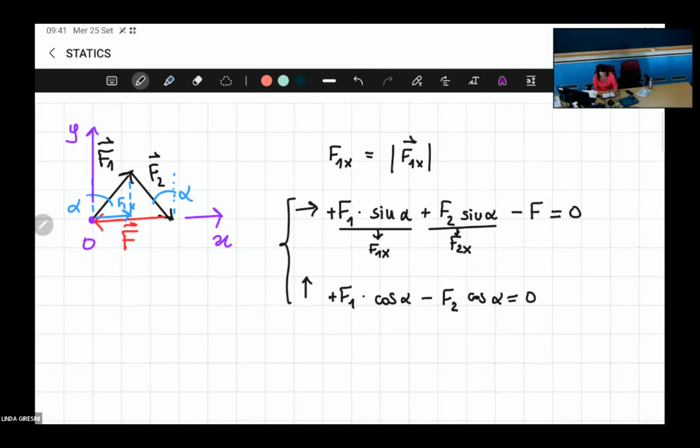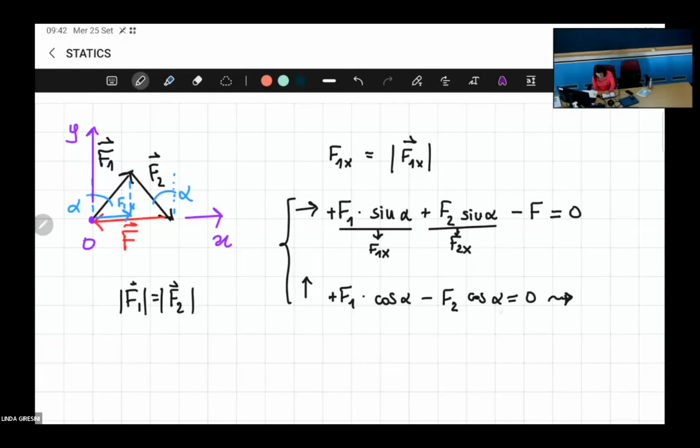I forgot to write down that the magnitude of F1 is equal to the magnitude of F2 because it's a symmetric problem. This also comes from this expression.